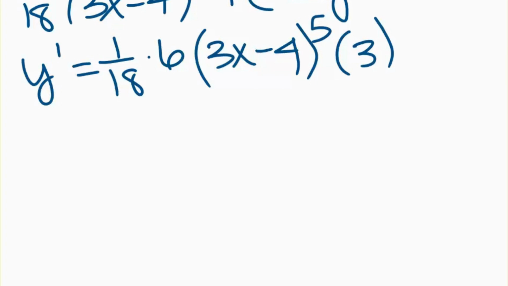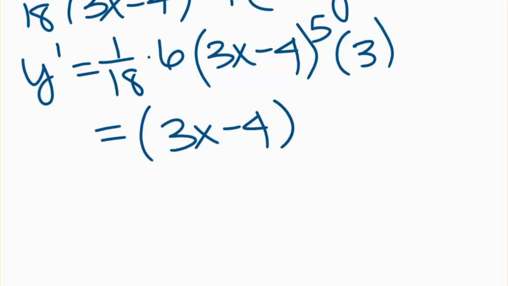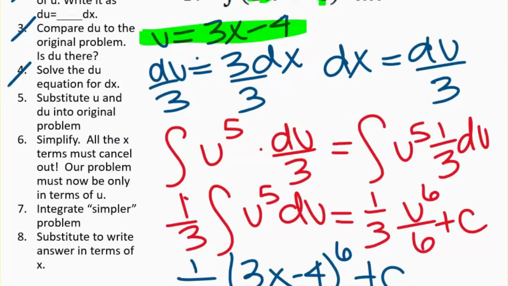The derivative of that constant plus c is going to be 0, so that's why it cancels out. If I simplify this down, 1/18 times 6 times 3 cancels. So I am left with my derivative of 3x minus 4 to the 5th power. And if you look back, that was our original problem. So we did it correct.